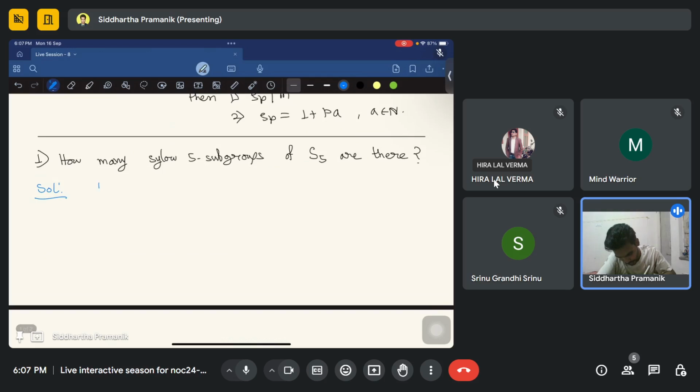So what is the cardinality of S5? It is just 5 factorial, right? So it can be written as 5 times m, where 5 does not divide m.